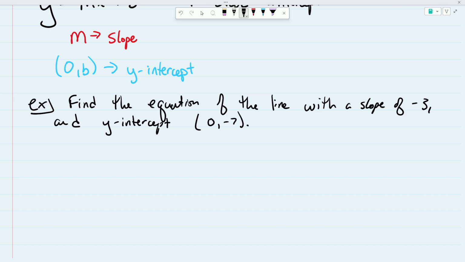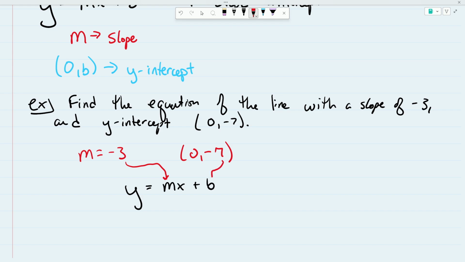Okay? Well, what's nice is if you can identify what you were given, and in this problem, we were given two things. We were given m equals -3 and 0 comma -7 is our y-intercept. We can use the slope-intercept form, y equals mx plus b, and make direct substitutions into this. Instead of writing the letter m, I'm going to replace it with a -3.